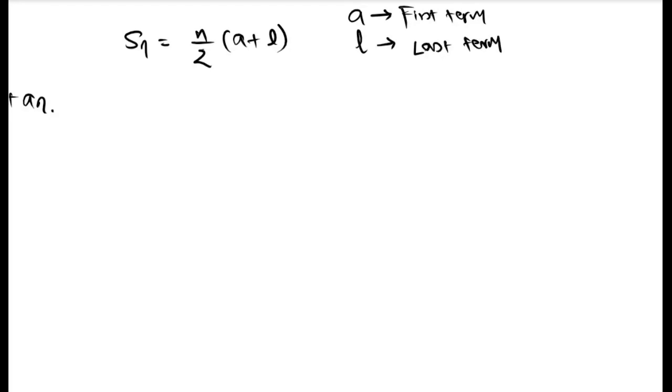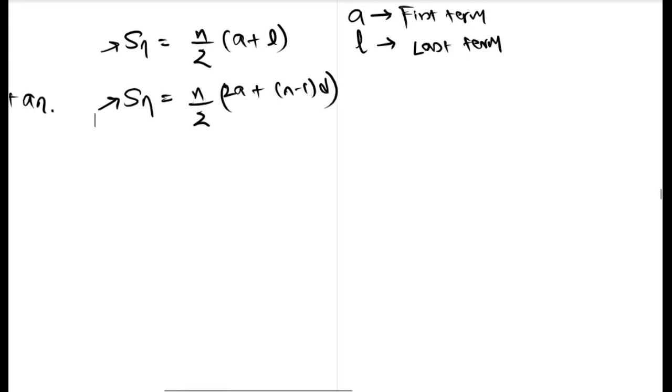Sometimes they give you the last term also, so this formula is useful. And there is one more formula, if you don't have the last term: n by 2 bracket 2a plus (n minus 1) into d bracket close. So either this formula or this formula, one of these two will help you find the sum of n terms. Remember these formulae. Write it down.